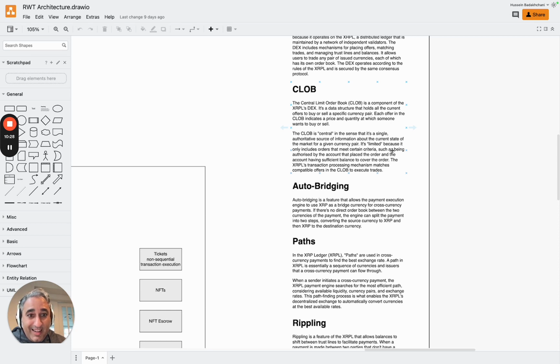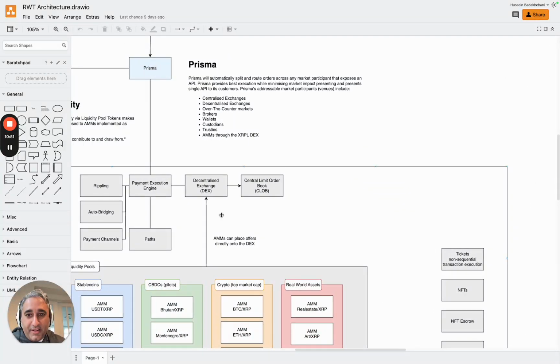It is limited because it only includes orders that meet certain criteria, such as being authorized by the account that placed the order and the account having sufficient balance to cover the order. The XRPL's transaction processing mechanism matches compatible offers in the CLOB to exchange trades. So that's the DEX, a very important piece of the XRPL.